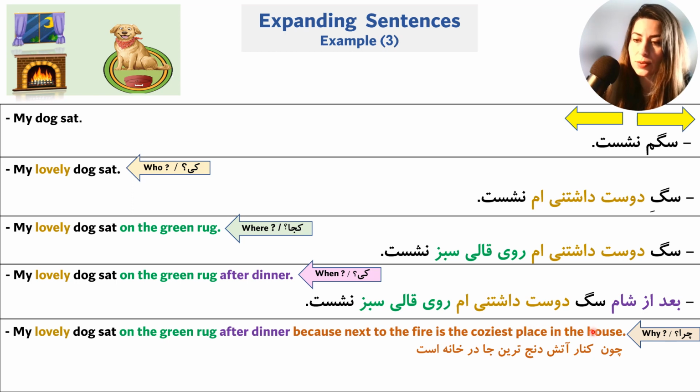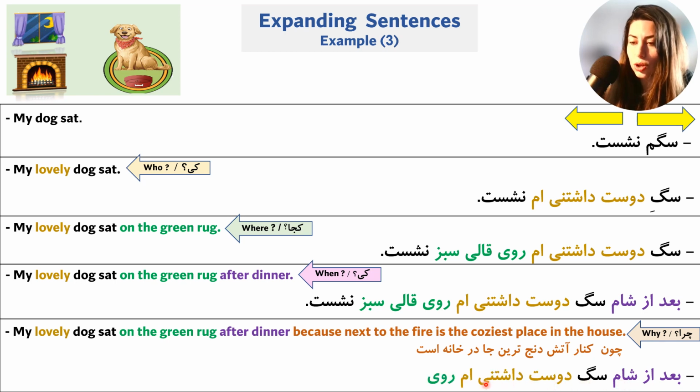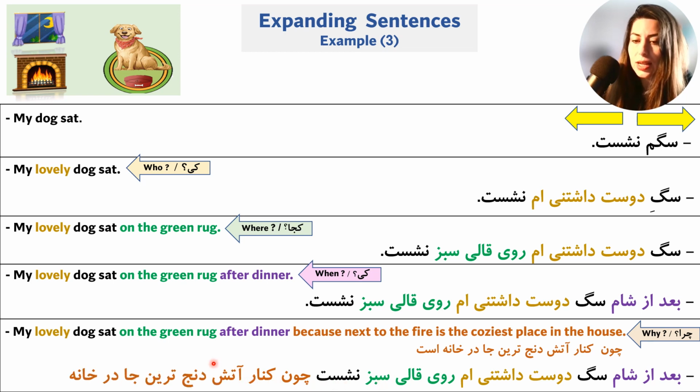In the house. بعد از شام سگ دوست داشتنیم روی قالی سبز نشست چون کنار آتش دنج ترین جا در خانه است. So you see, from something like this, just two words, we turn that into something like this by just adding more details into the sentence.